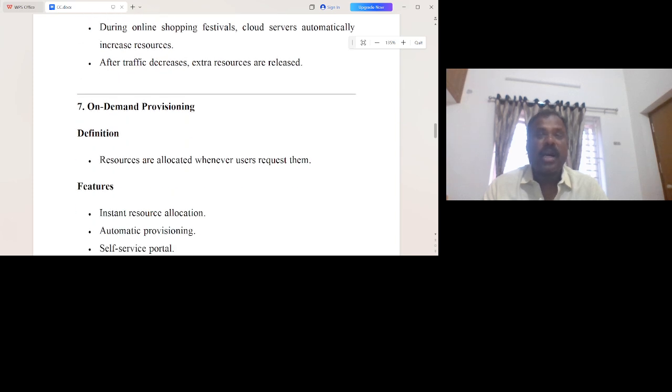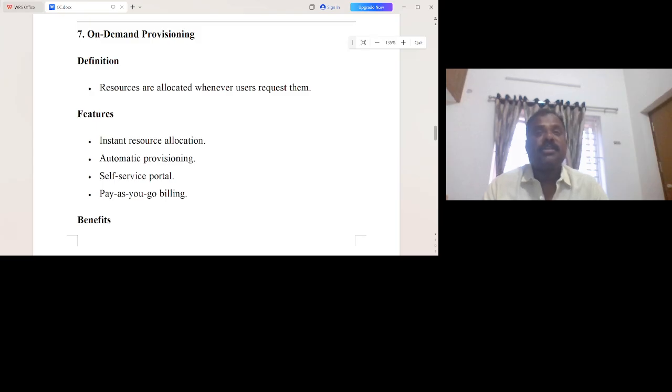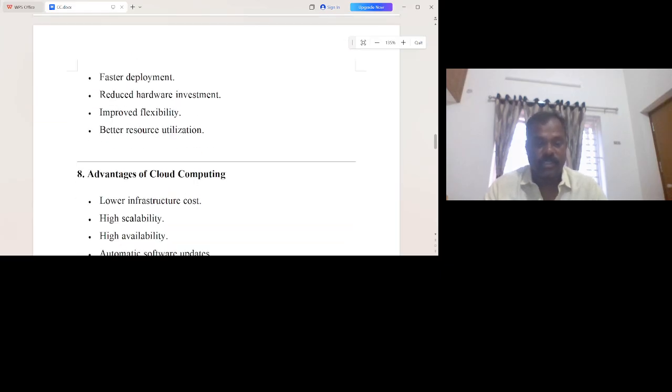Then next, on-demand provisioning means resources are allocated whenever users request them. Based on the request, we provide the cloud services. Features: instant resource allocation, automatic provisioning, self-service portal, pay-as-you-go billing. This is the main feature of on-demand provisioning.